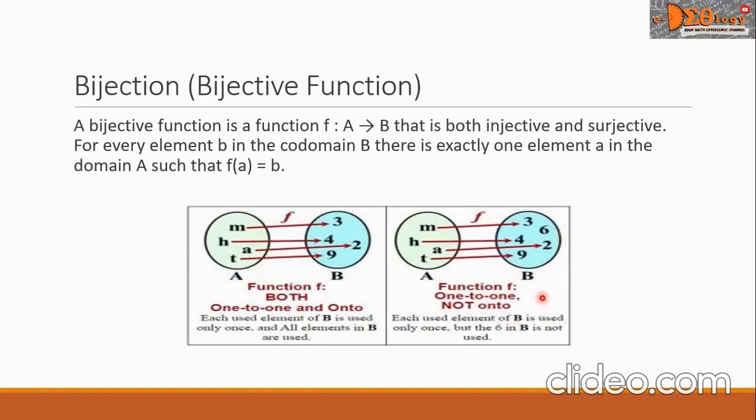Since this is one-to-one but not onto, this function is not bijection because, as per the rule, a bijective function must be both injective and surjective, or we say it must be both one-to-one and onto.